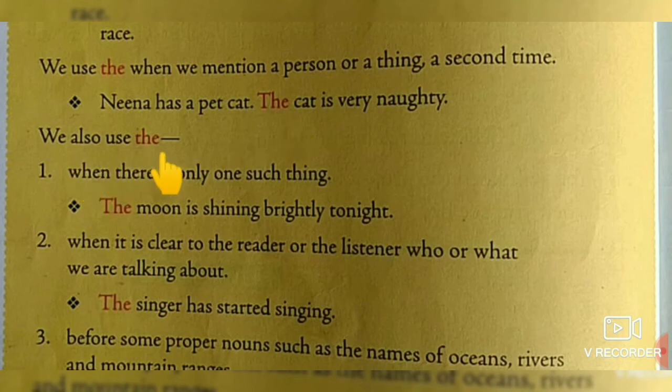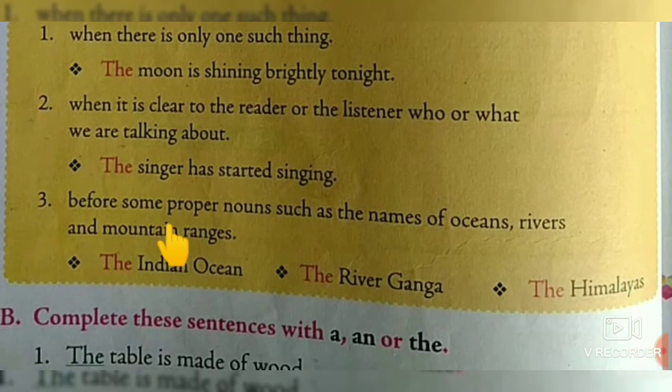We also use the when there is only one such thing, one kind of thing only, children. For example, the moon is shining brightly tonight. In this place, we can use the sun, the earth also. Only one such thing. Okay? And the next one, when it is clear to the reader or the listener who or what we are talking about, the singer has started singing.